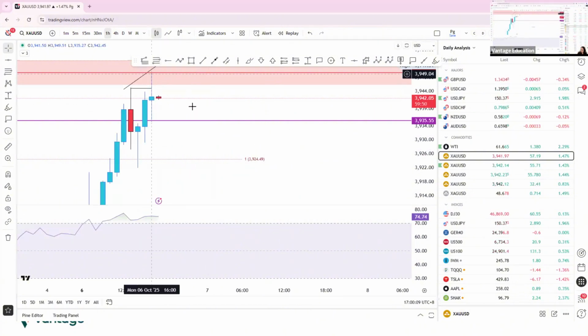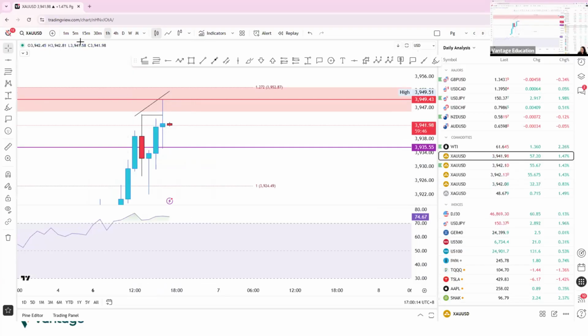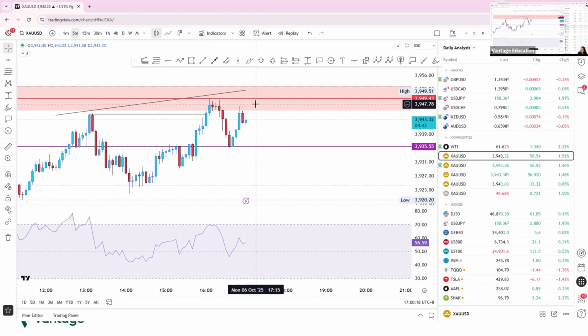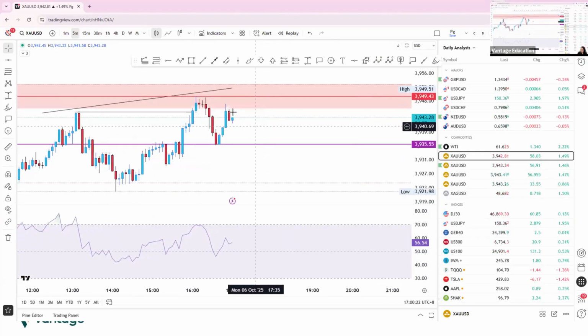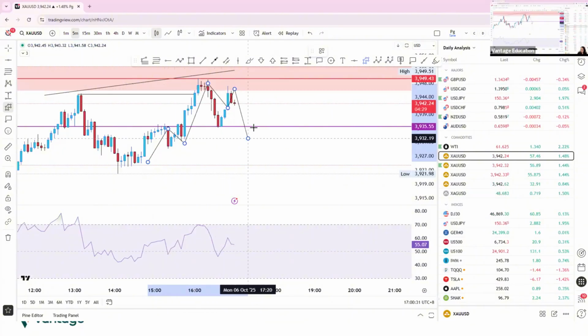I think this is divergence already. Then H1. Okay, what I want to say, I want to see price close below 39, 35, and then I'm going to wait for pullback. I'm going to sell. I can wait, okay? I'm not going to do anything. Hit the break, I'm going to sell.